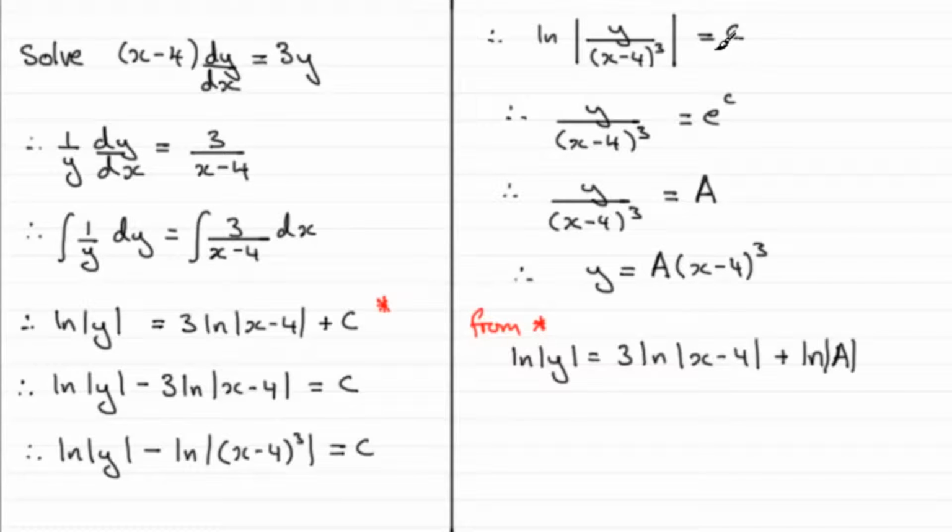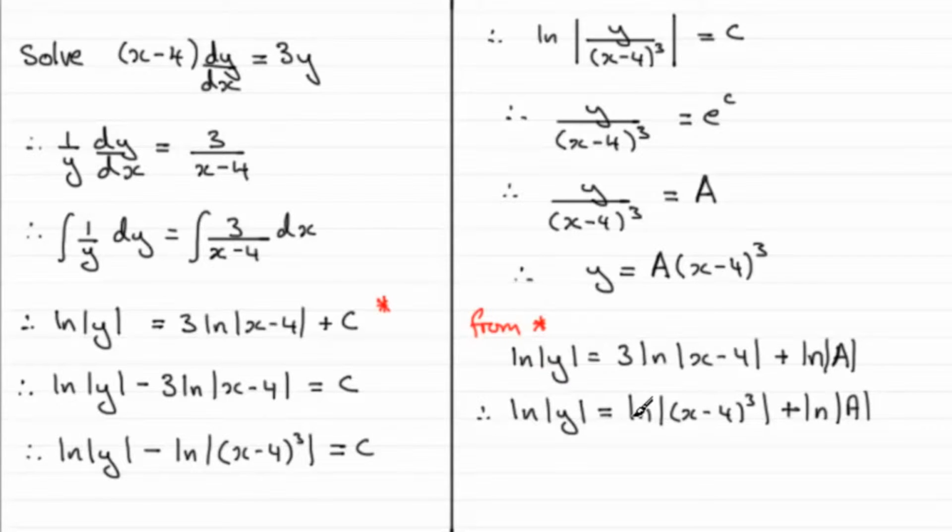If you want to get rid of logs, you've got to reduce it down to 2 terms. So, how do we do that? Well, we can write this as the natural log of y, and we can bring the 3 into here as we did before, so that's the natural log of the mod of x minus 4 all cubed, and then plus the natural log of the mod of a.